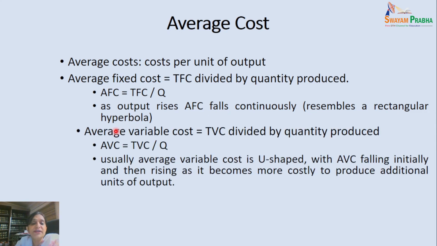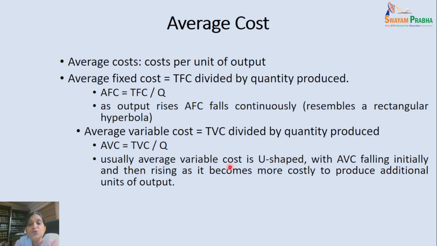Then you have average variable cost, which is total variable cost divided by the quantity produced. So AVC is telling you that, on an average, how much is the expenditure on the variable input. And generally, average variable cost we see as a U-shaped curve.